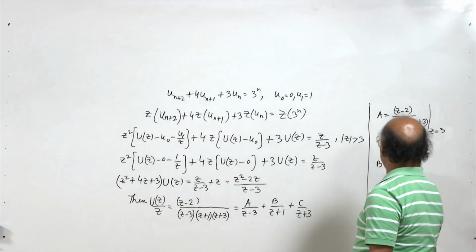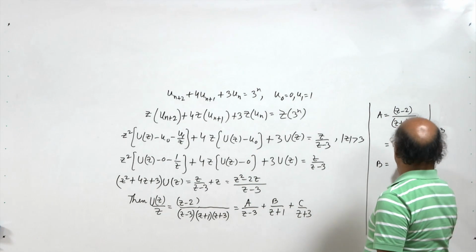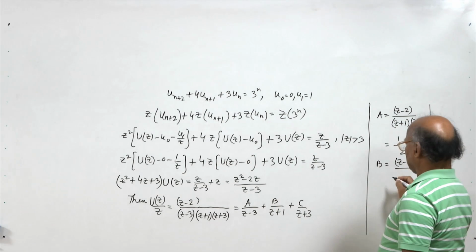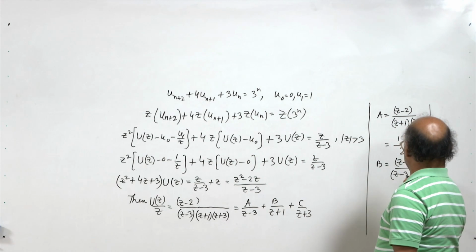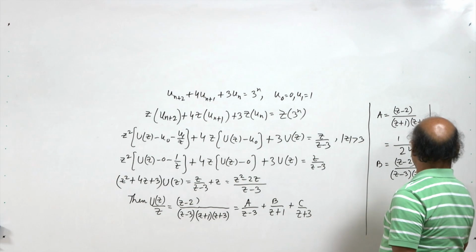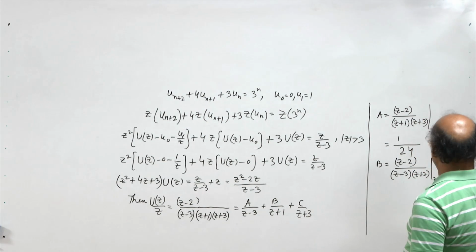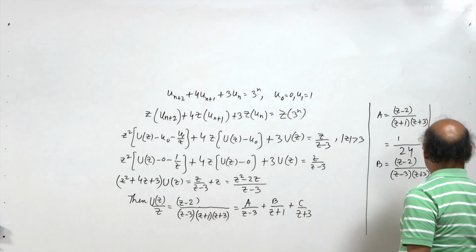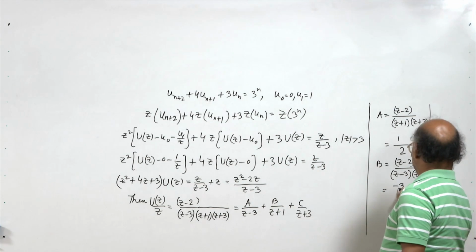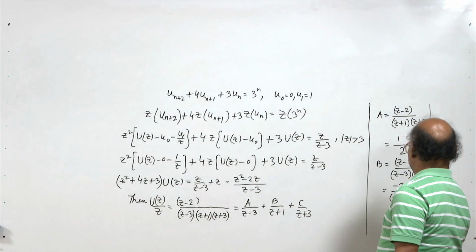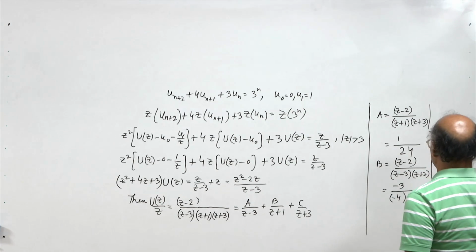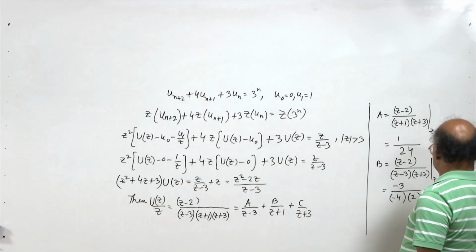B will be equal to z minus 2 divided by z minus 3 into z plus 3 evaluated at z equal to minus 1. So, we get this as minus 3 divided by minus 4, and here we have 2. So, 3 by 8.